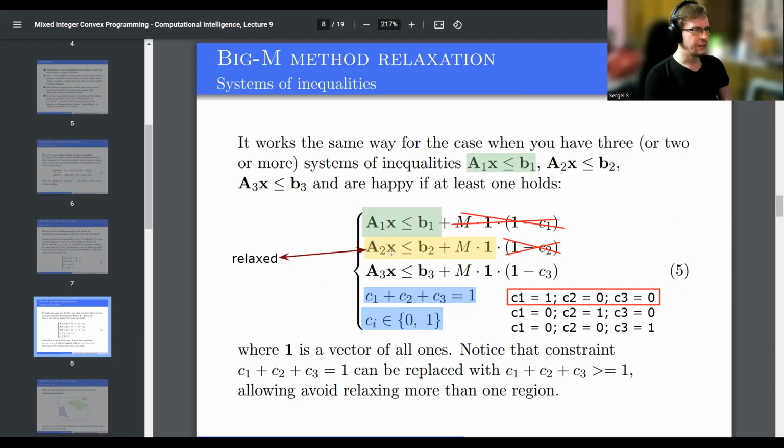So A2x less than or equal to B2 plus M times 1, we choose M so big that it would always hold. Now, what happens here? Exactly the same thing, because C3 is also equal to 0, so it is 1 here, and this whole constraint is also relaxed. So this is again relaxed.